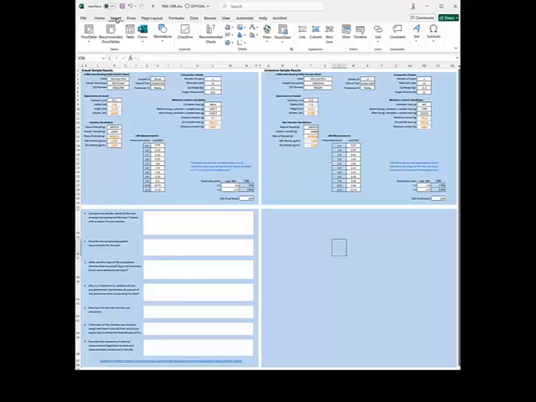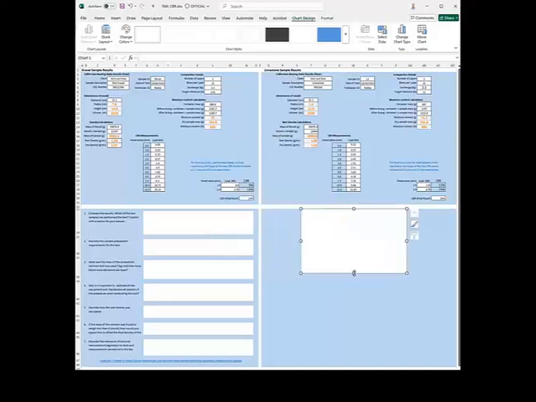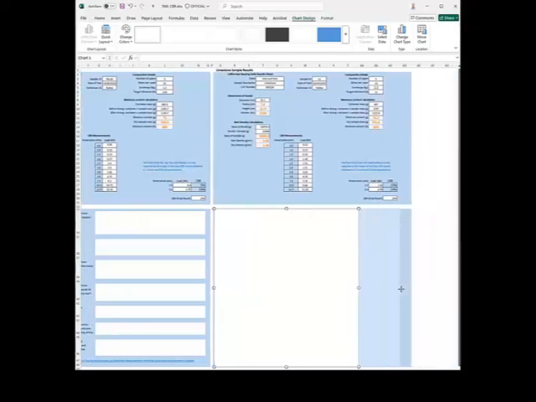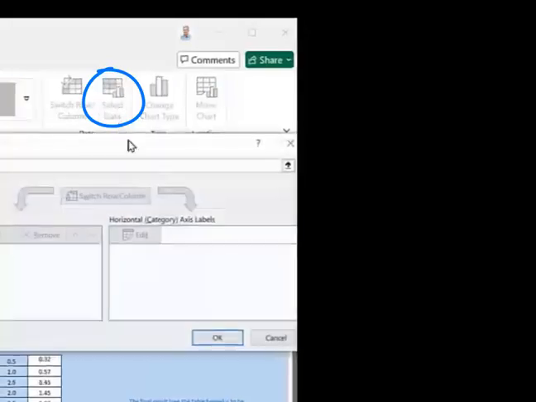Now to plot the data. I will place an XY scatter plot, straight lines with markers. So now with the frame for the plot in place, let's plot the relevant data series onto the chart.